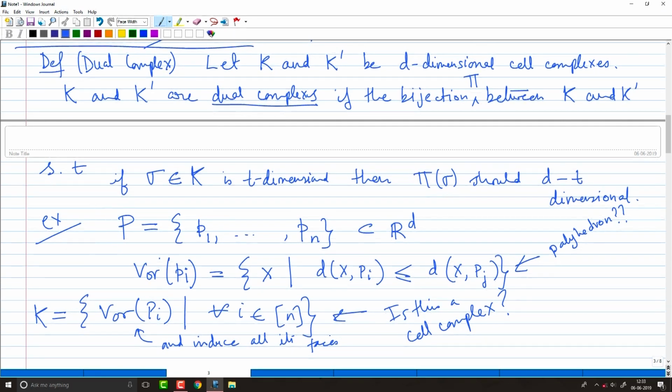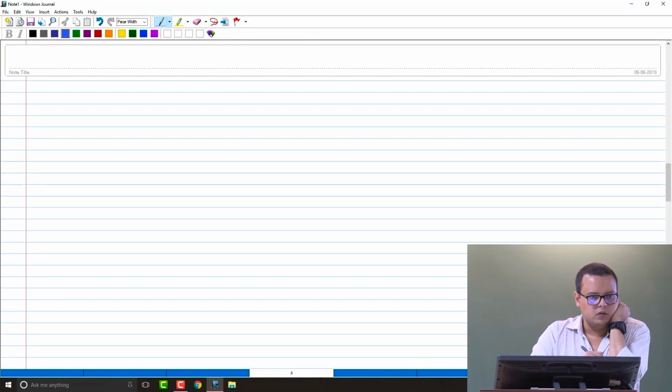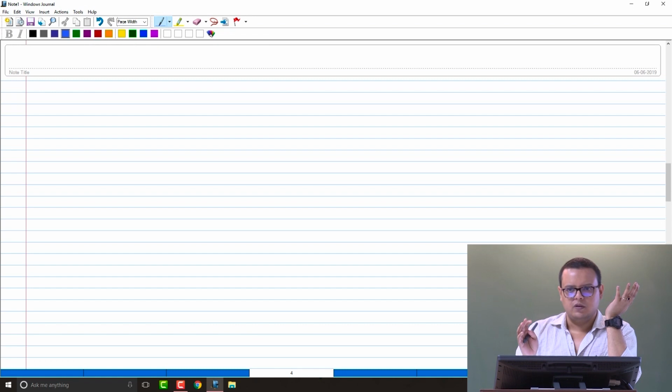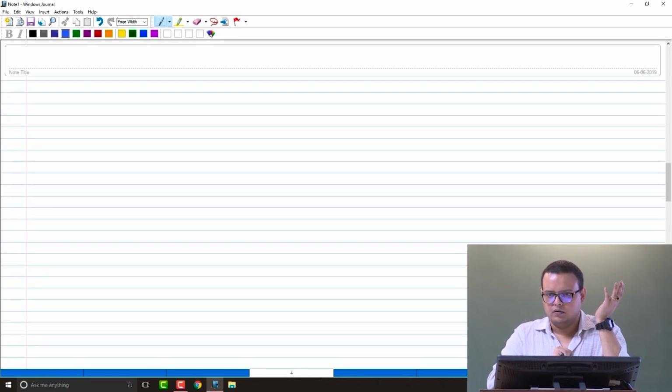Good. But when I include these faces, do they have any value? Let's say I took a simplex and added all its faces. Why did I do it? I did it because I wanted to make a simplicial complex out of it. But do the new faces that I have introduced contain some interesting property?